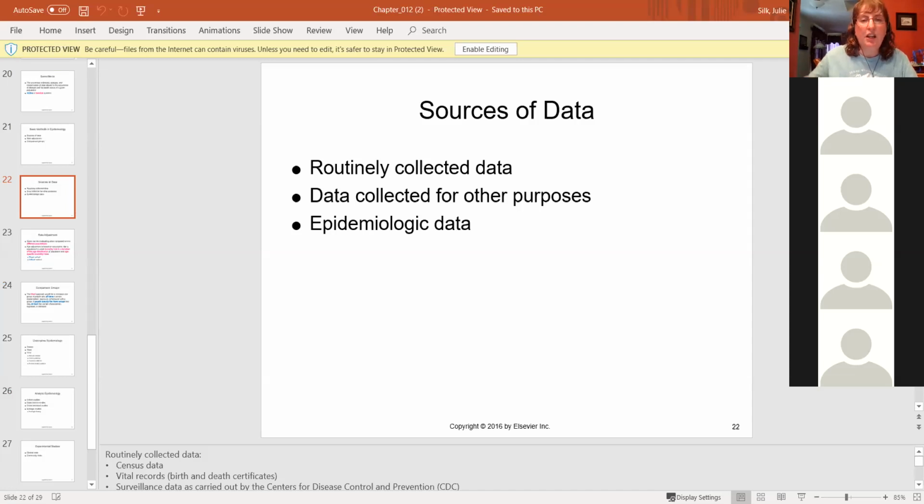And then data collected for other purposes is useful for epidemiologic research. So maybe medical, health department, insurance records, something like that. Those are some examples of the types of data that we would get.